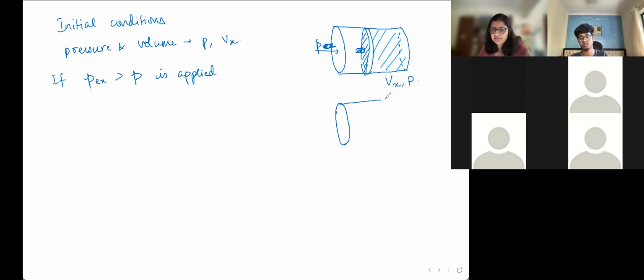So, the same piston. Pressure is applied, so it moves over here, let's say. Basically it has moved from this point to this point.